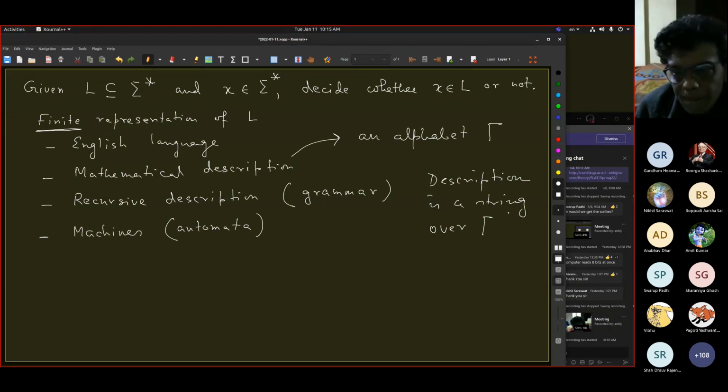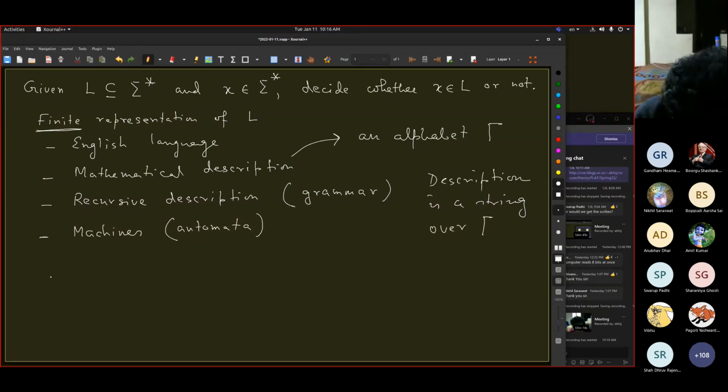Agree or not? Yes, sir. Okay. So now, this is a string over gamma that is a member of gamma star. Okay. All alphabets are finite by definition.